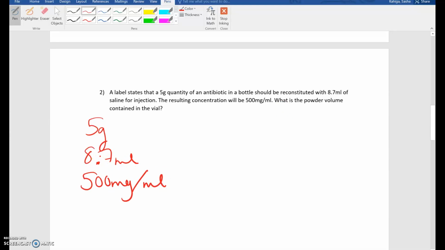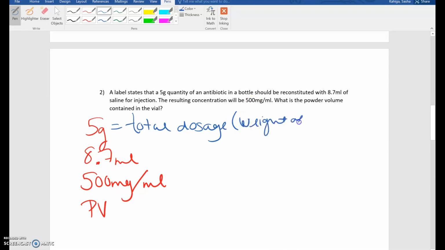And the question is, what is the powder volume? As I read that, you can see I pulled out all of those numbers. So let's identify each of those numbers. That 5 grams is considered your total dosage. Your total dosage in detail is considered the weight of the powder.